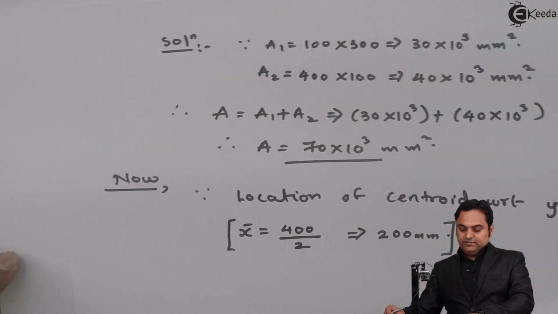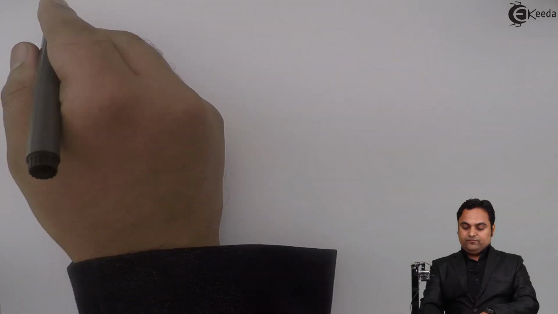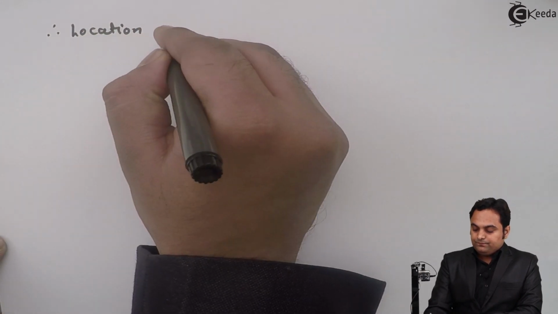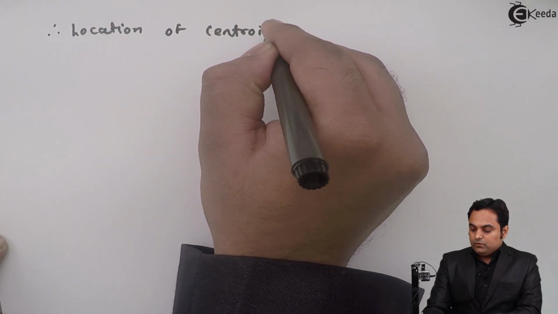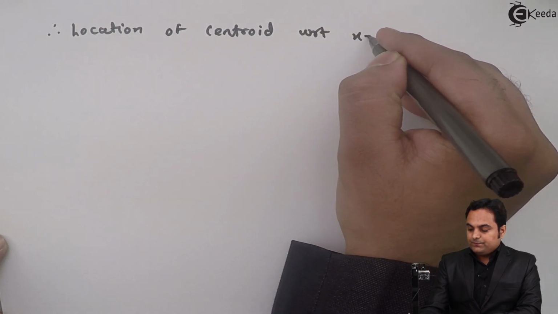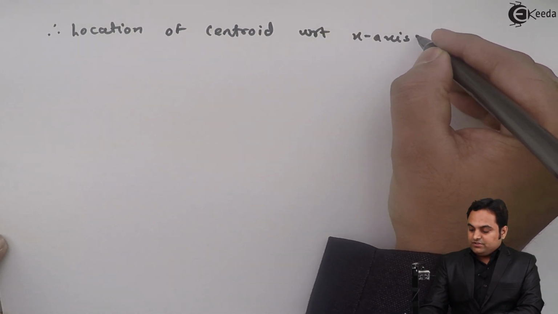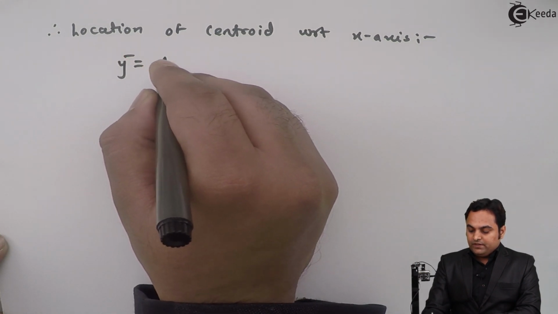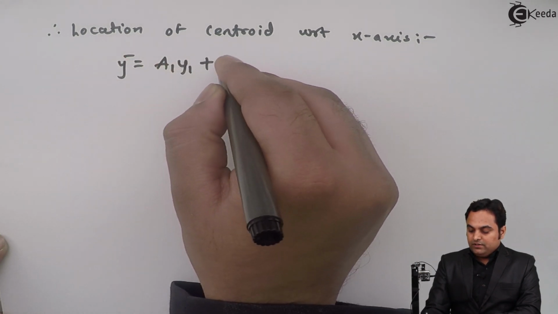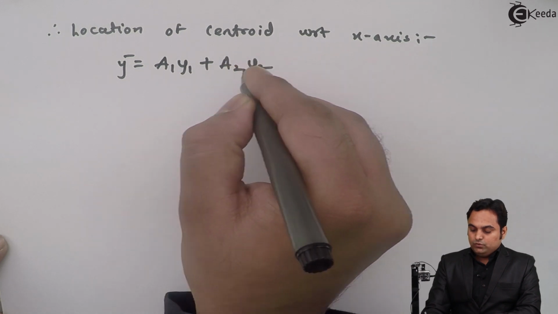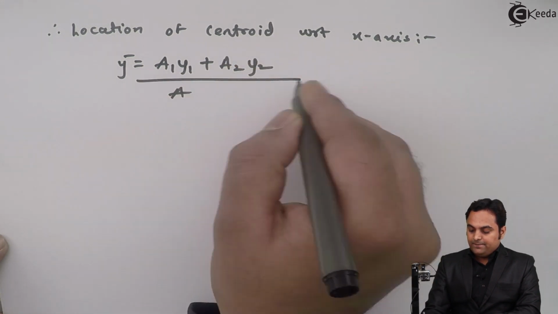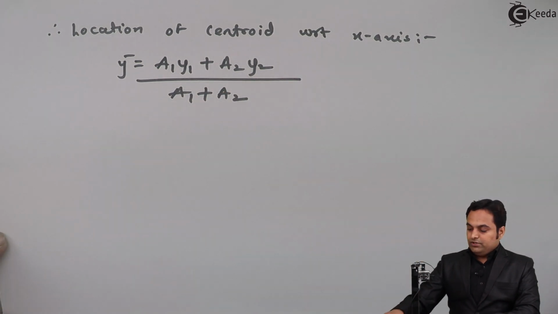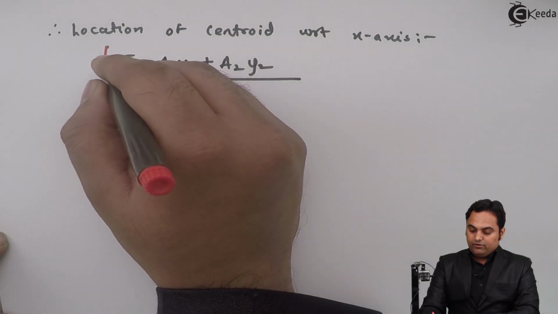Therefore the location of centroid with respect to the x-axis is given by y bar equal to A1 into y1 plus A2 y2 divided by A1 plus A2. So here we have the formula of y bar.